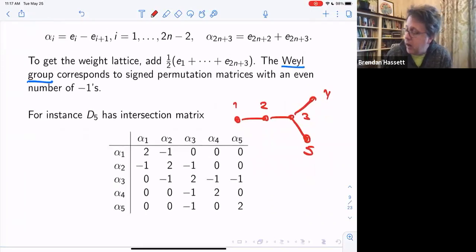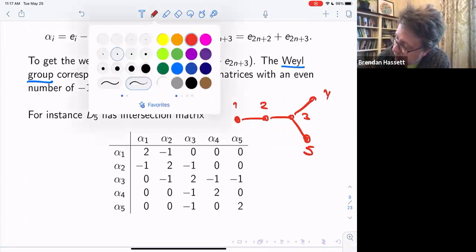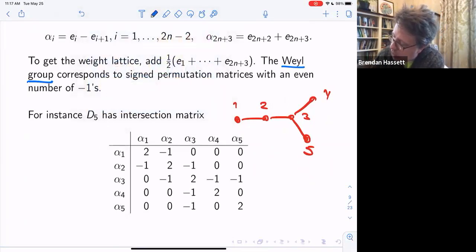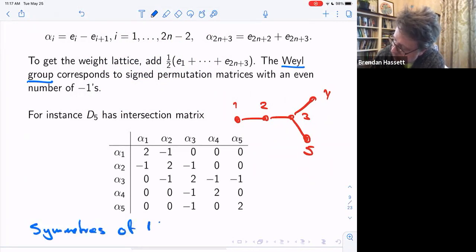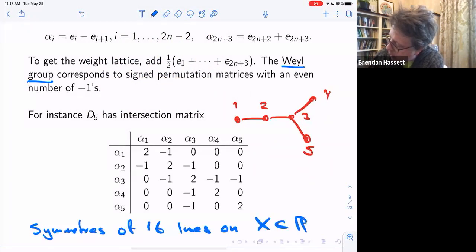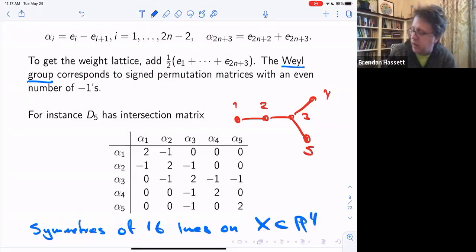If you remember, I talked about the 16 lines. Just remember that the symmetries here govern the symmetries of the 16 lines on our complete intersection of two quadrics in P4.